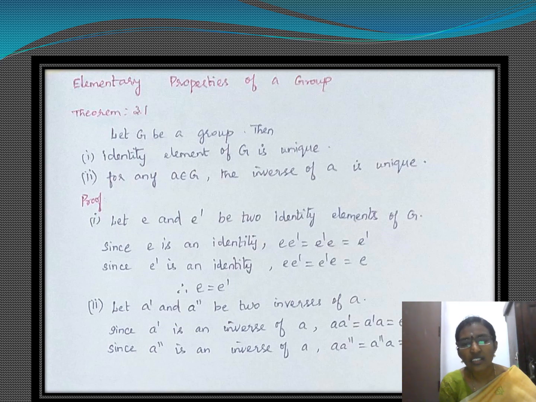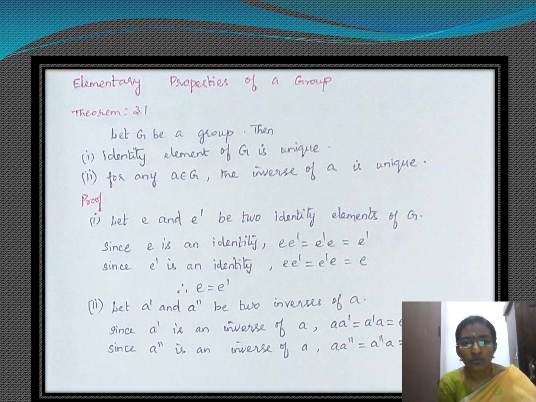Suppose E dash is an identity element, then E dash satisfies the property of identity, then we get E dash equal to E E dash equal to E. From these two relations, we clearly see that E equals E dash. Therefore, in a group, there will be only one identity element.